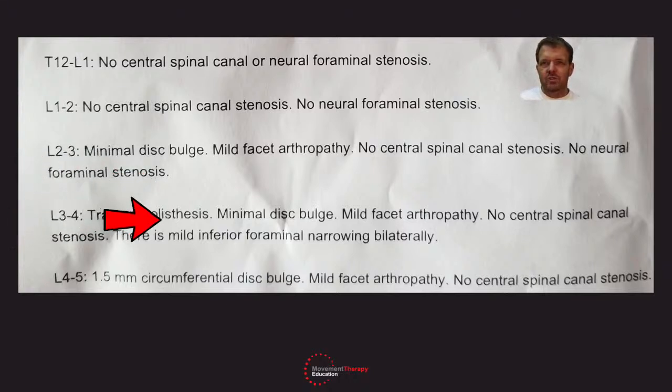L3-L4, trace retrolisthesis, minimal disc bulge, mild facet arthropathy, no central spinal canal stenosis, and there is a mild inferior foraminal narrowing bilaterally. Okay? And then L4-L5, 1.5 millimeter circumferential disc bulge, mild facet arthropathy, no central spinal canal stenosis. Okay, so that's the wording on this report.